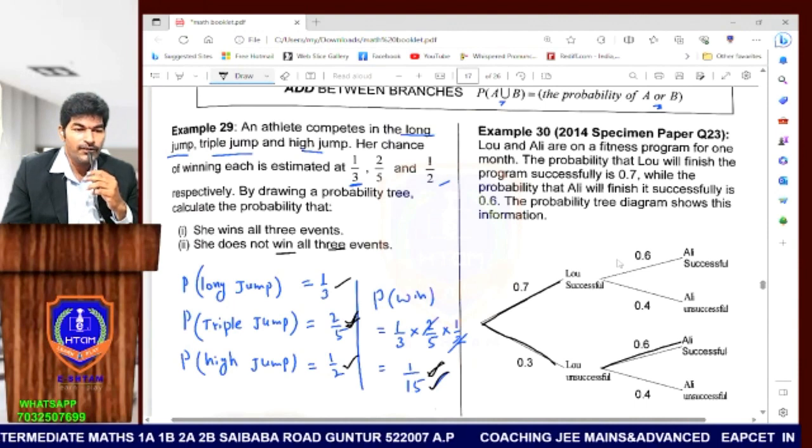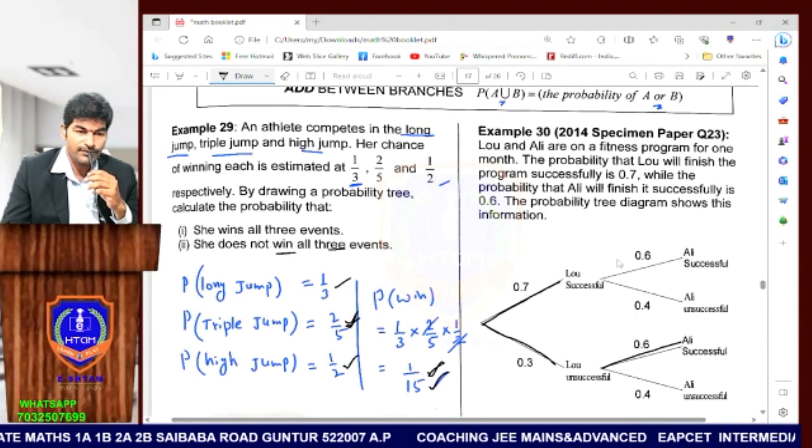While the probability that Ali will finish it successfully is 0.6, the probability tree diagram shows this information.